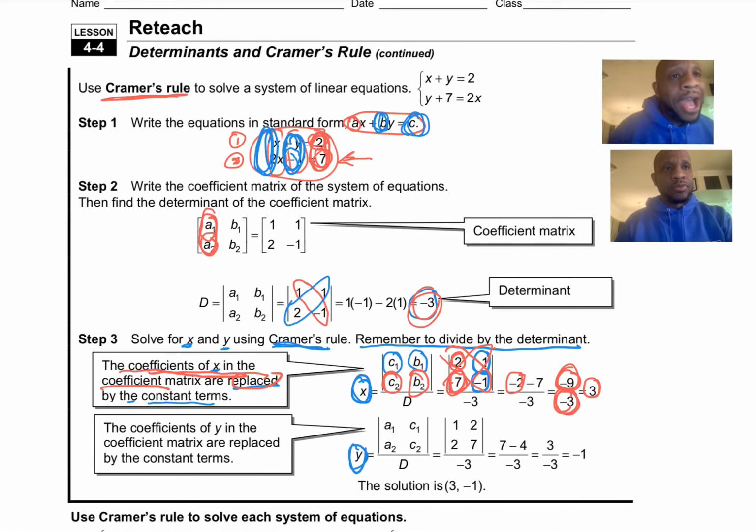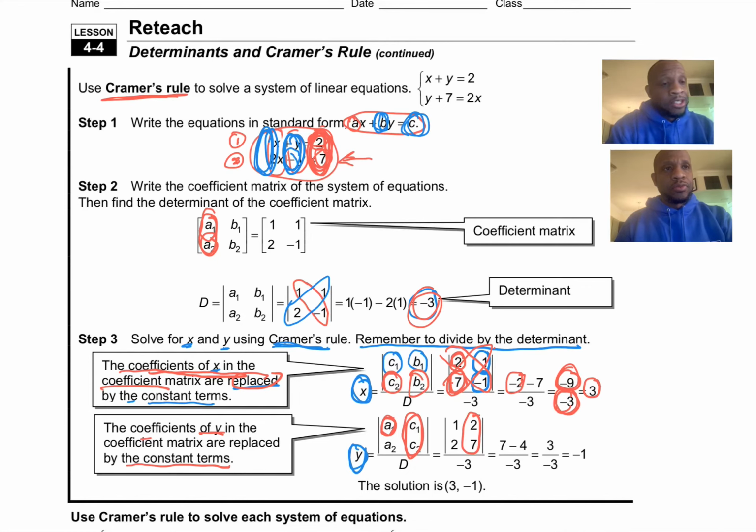When we're solving for y, now the coefficients of the y in the coefficient matrix are replaced by the constant terms. So now instead of having the y coefficients in this column right here, you're going to have the constants, 2 and 7, the numbers that are on the right side of the equation.